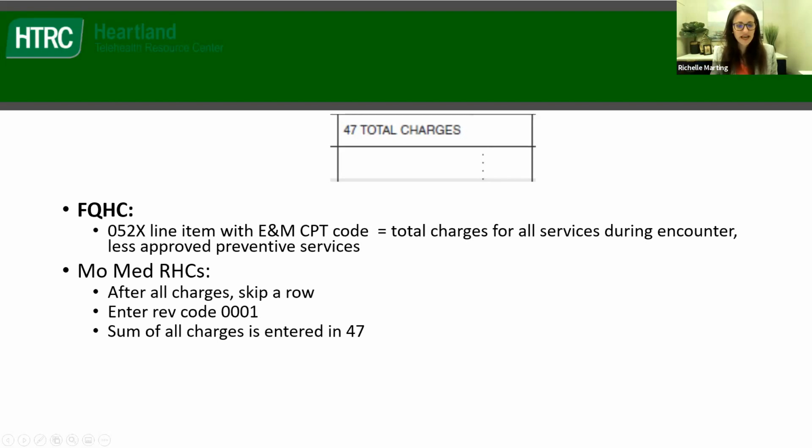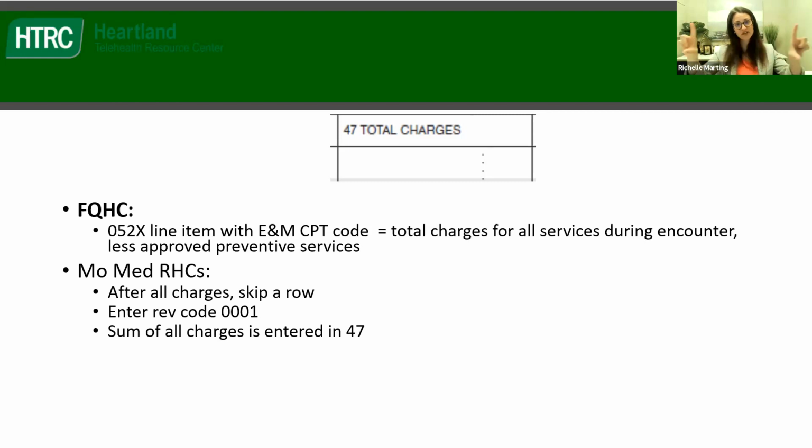Okay, so now we're looking at charges. For FQHCs, when we have the standard revenue code 052, usually 1, line item, and we have our evaluation and management procedure code, then the total charges are going to be the total charges for all of the services during the encounter for Medicare.